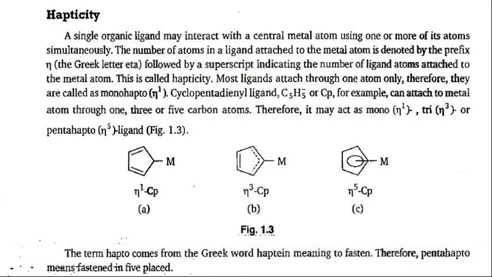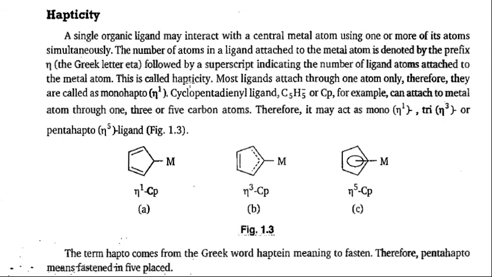If I go to the definition, hapticity is when a single organic ligand may interact with the central metal atom using one or more of its atoms simultaneously. The number of atoms in the ligand attached to the metal atom is denoted by the prefix of the Greek letter eta, followed by a superscript indicating the number of ligand atoms attached to the metal atom.